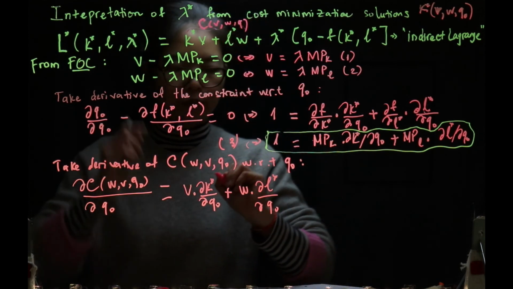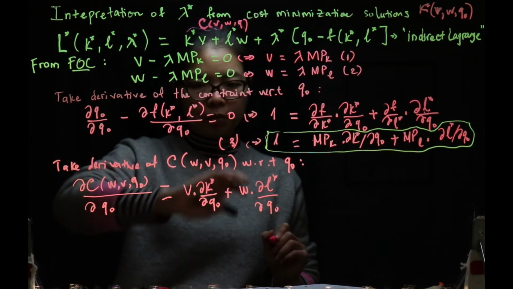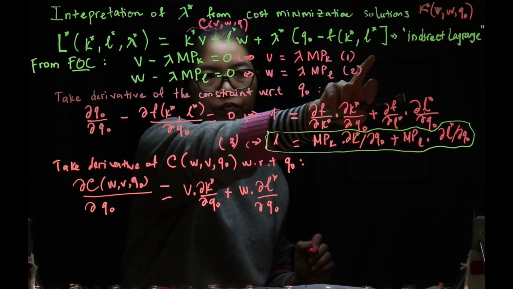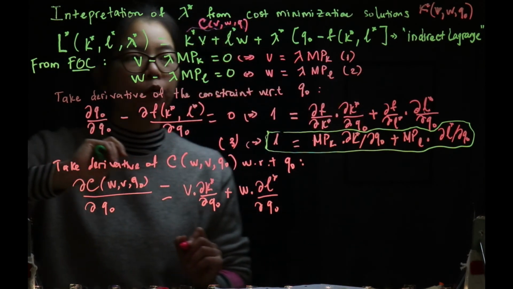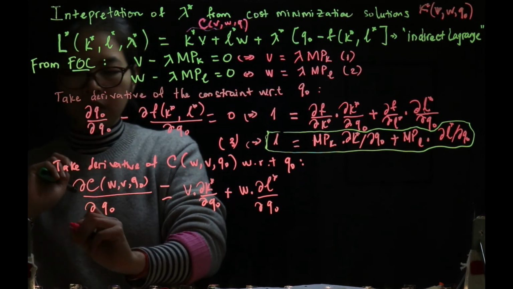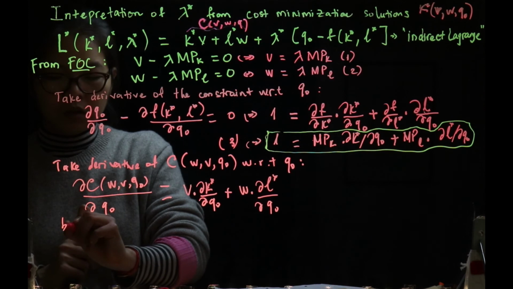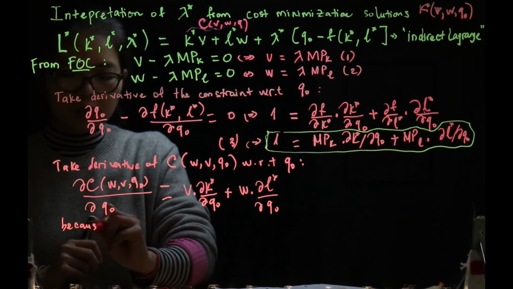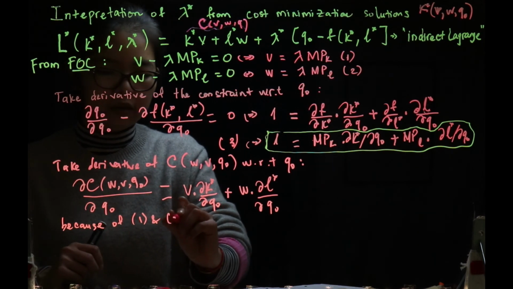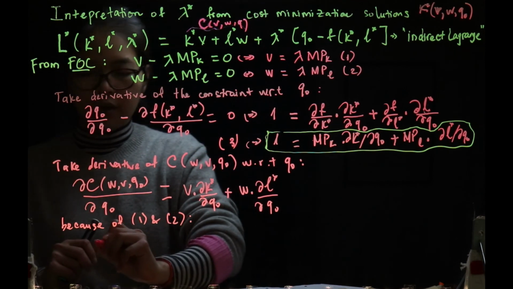The next thing we can do is substitute V and W, which we prepared with equations 1 and 2, into this derivative.